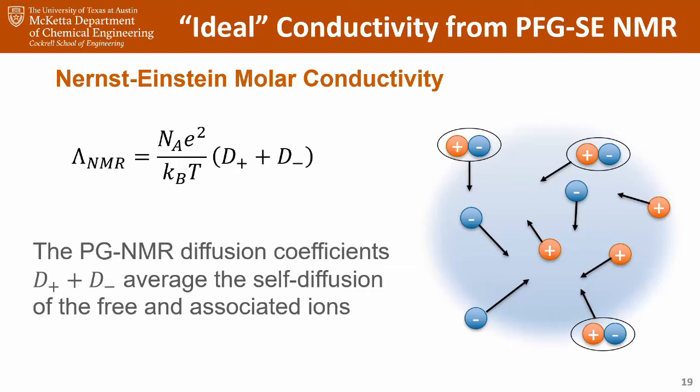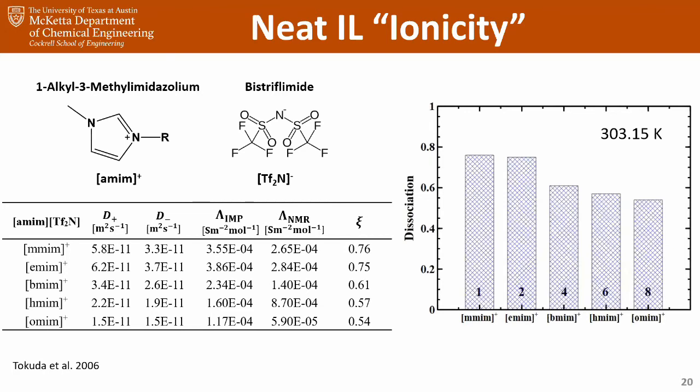And of course, you've got to have your NMR. And you've got to be able to do fluorine, for instance, if you've got bisphosphoramide anions and so on. So these are a bit more labor and time intensive, certainly, than the ionic conductivity measurements. And for this reason, there's a limited number of ionicity values reported in the literature.